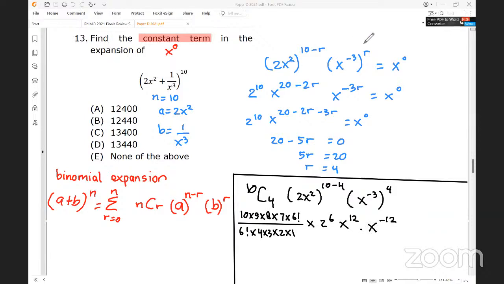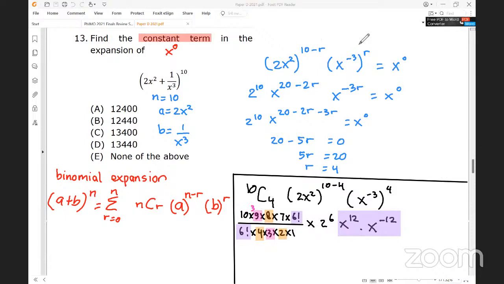Okay, I will use another color. This is 6 factorial. We can cancel it out. Cancel means it becomes 1, not 0. This is also cancelled, and then 8, 4, and 2, and then 3 and 9. So the remaining will be 3 in here.